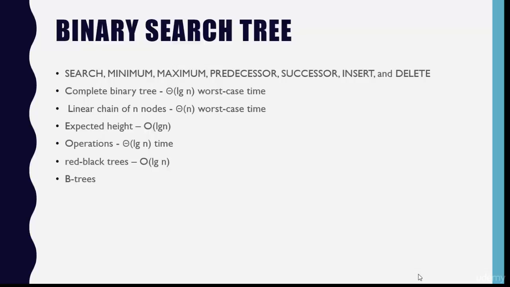But there are variations of binary search trees whose worst case performance on basic operations can be guaranteed to be good. One such variation is red-black trees, which have height order of log n. Another example of variation is B trees, which are particularly good for maintaining databases on random access secondary disk storage.